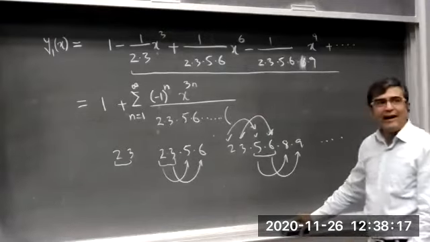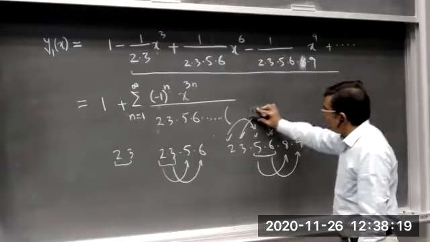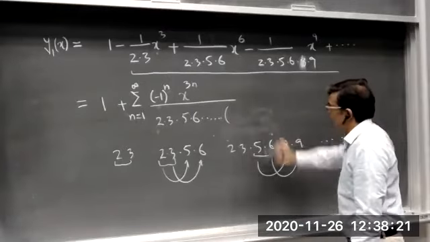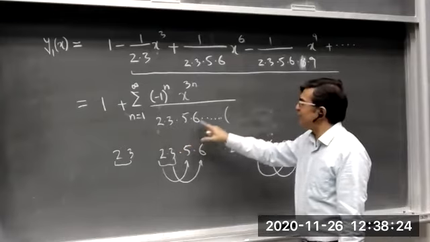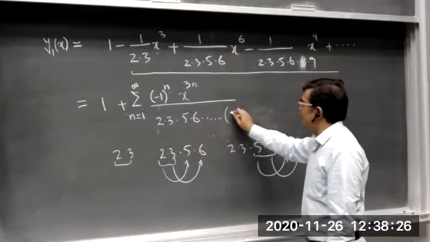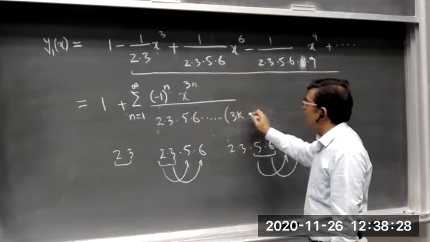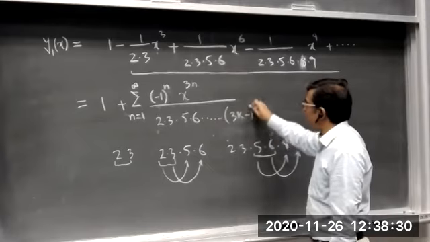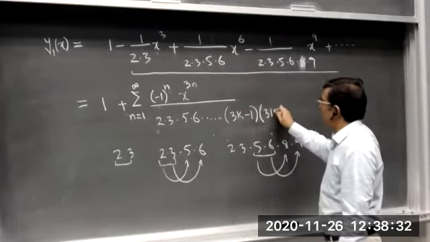So we can generalize and write here 2 into 3 into 5 into 6 and so on, and 3k minus 1 into 3k.